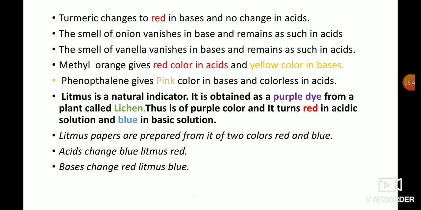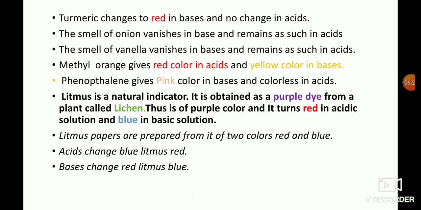And if we drop it in acids, its color remains as such. Means if we are given a solution, we don't know if it is acid or base, and we are given turmeric and asked to test it, how can we prove it? We will take this turmeric and drop it into this solution. If its color changes to red, then it is base, and if its color does not change, if it remained as such, then it is acid.